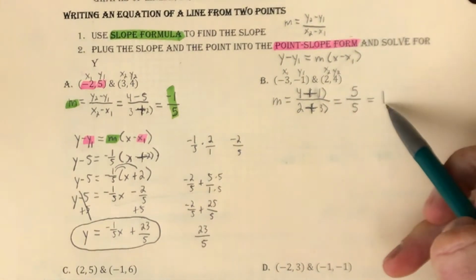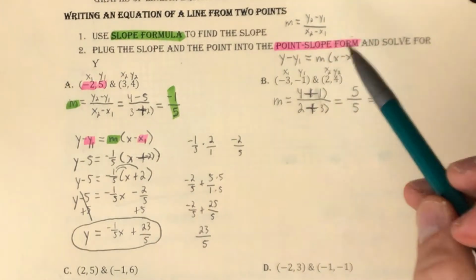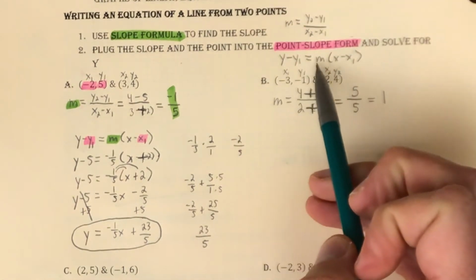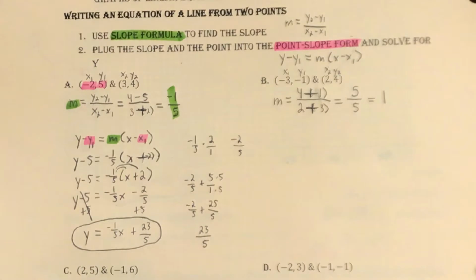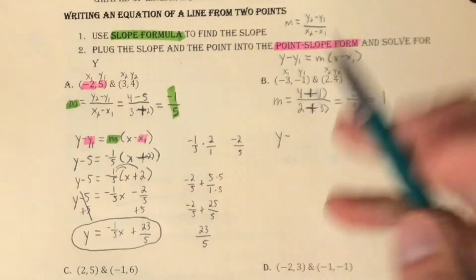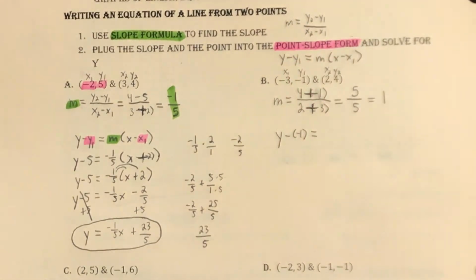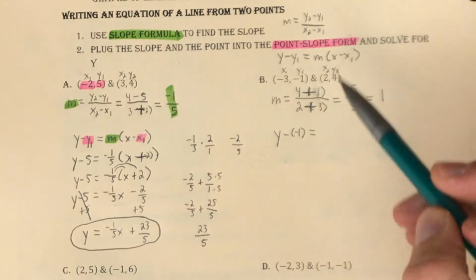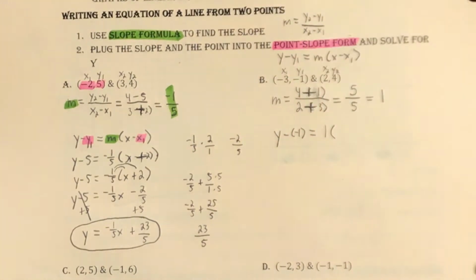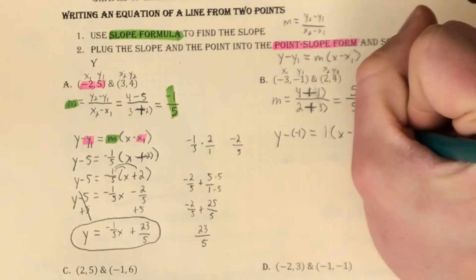So my slope is 1. Now that I know my slope and I've got a point, I can plug that information into point slope form. So my y minus y1 equals m times x minus x1. So y minus y1 is negative 1, is what I labeled it as, equal to m is 1, I found, times x minus x1 I found to be negative 3.